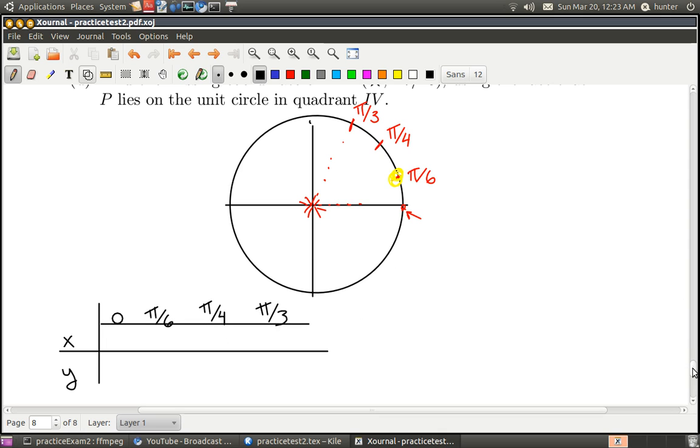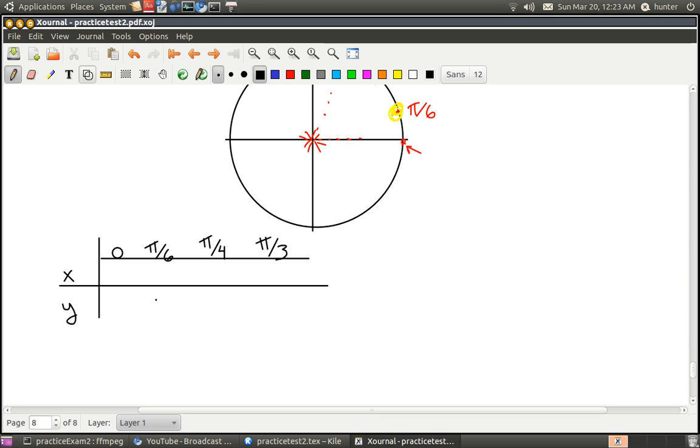And I'm sure we'll talk about how to memorize this in class. This is 0, this is 1/2, this is the square root of 2 over 2, and this one is the square root of 3 over 2, and I meant to write one more.